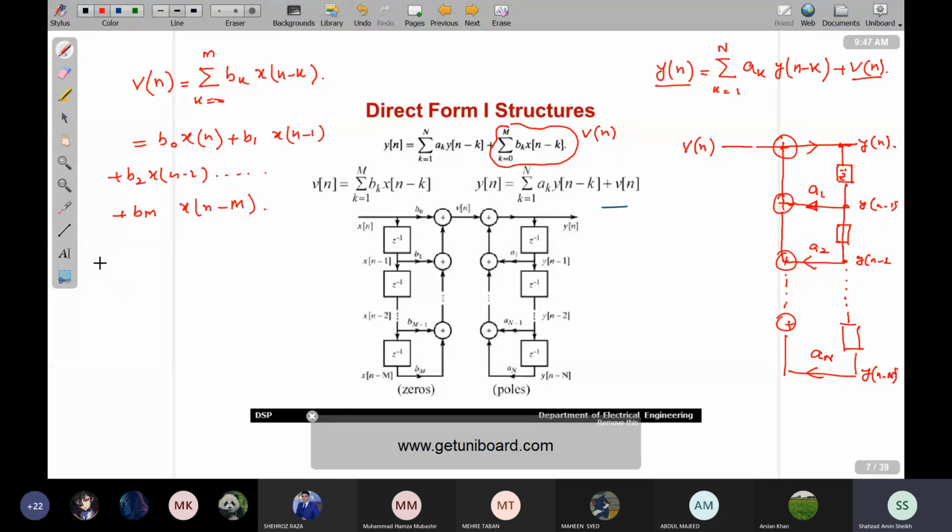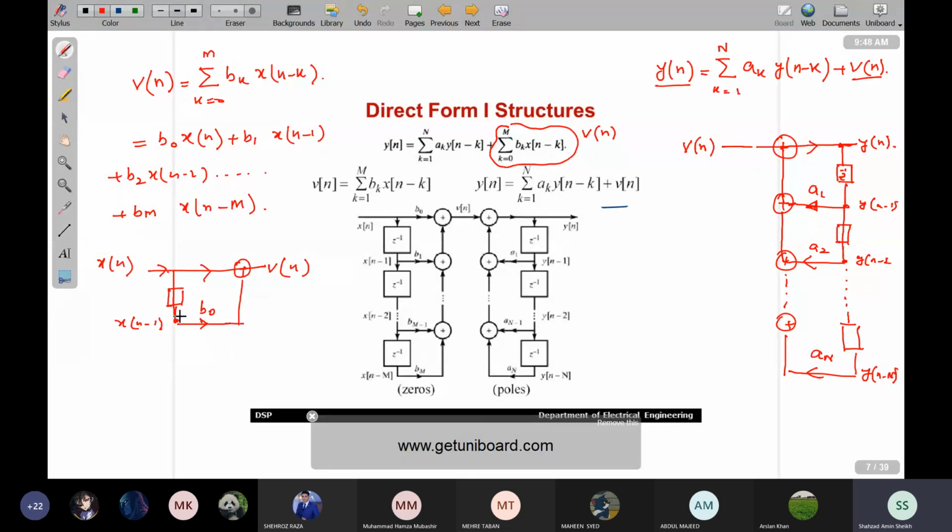The input is x of n, the output is v of n, and this time there is no feedback component because I have to get the delayed version of x of n. So x of n passes through the delay element. At this node, I am getting x of n minus 1 being multiplied with b1 and being added.